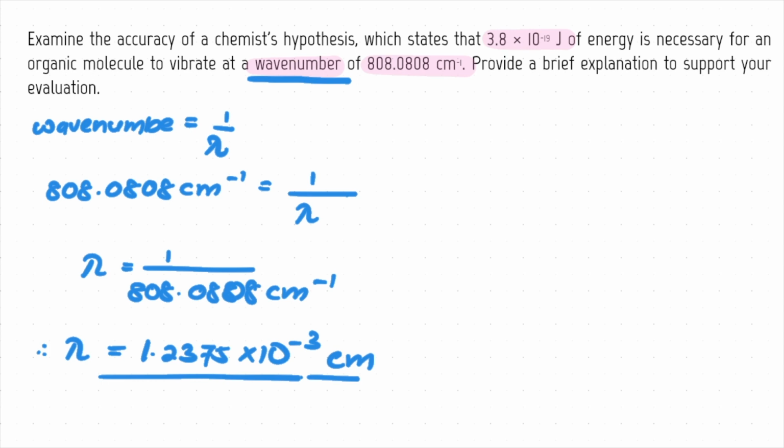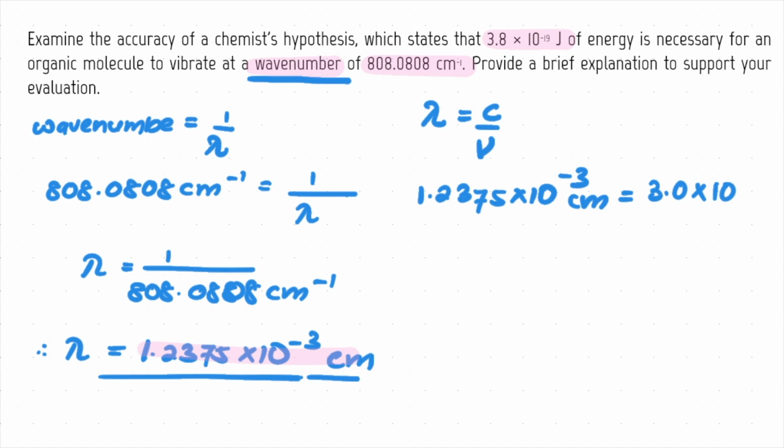Alright, so since we already know what is the wavelength, from the data of the wavelength we can actually get what is the frequency. So the wavelength is equivalent to the speed of light divided by the frequency. So 1.2375 times 10 to the power of negative 3 centimeter is equivalent to the speed of light, which is 3.0 times 10 to the power of 10 centimeter per second, divided by the frequency, which is the value that we want to get.